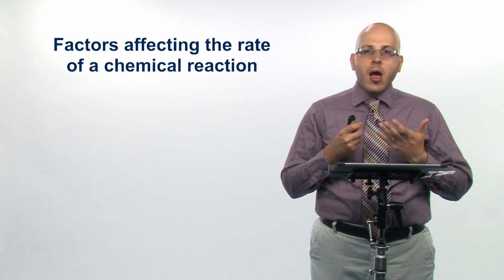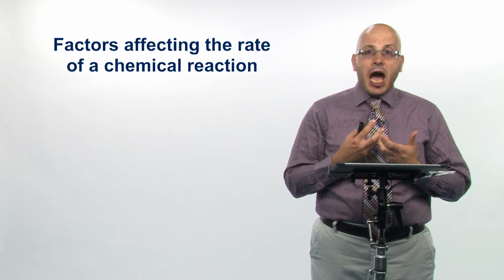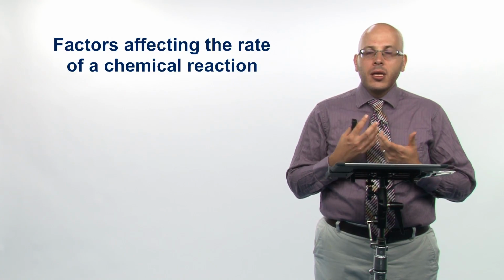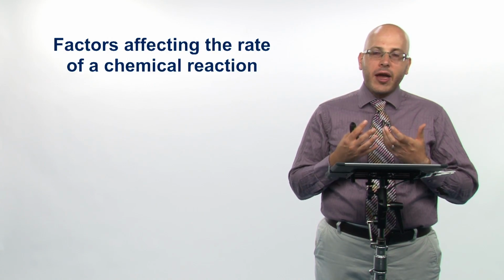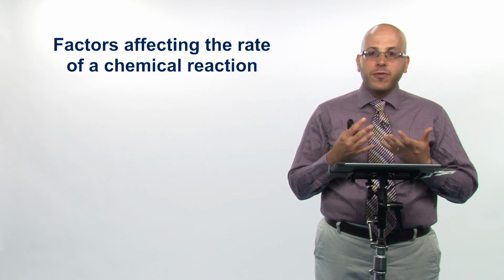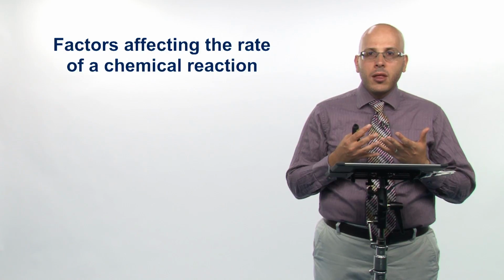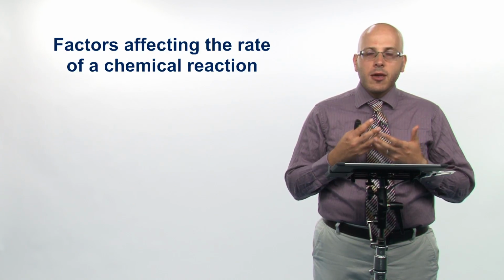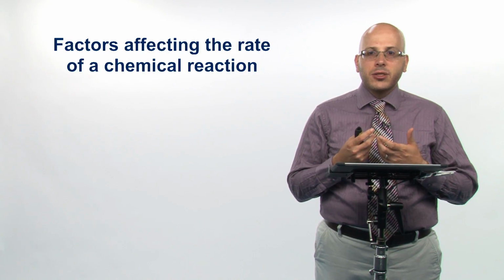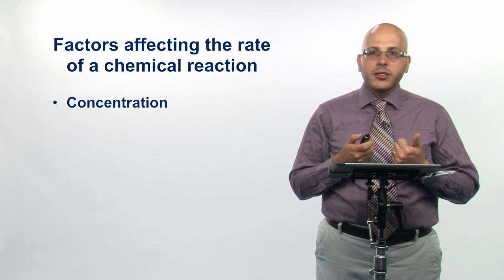So let me tell you about some of the different factors that might affect the rate of a chemical reaction. What's going to influence exactly how this reaction is taking place? Well, it'll depend a little bit on the type of reaction that you have and what's involved, but very loosely speaking, there are probably 4 things or so that can pretty severely impact the rate of a reaction. First is concentration.